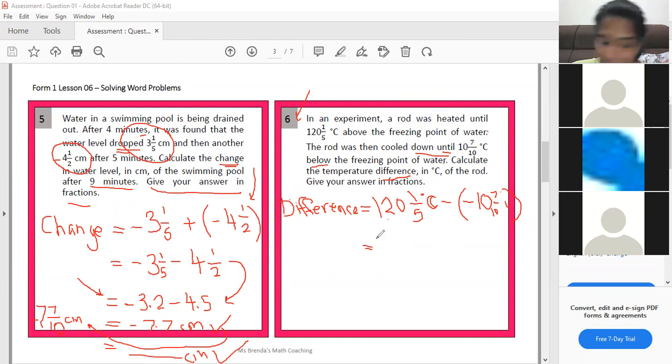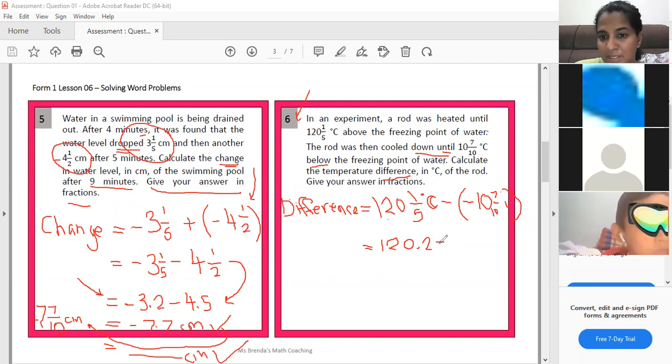You can use decimals, then move it back to fractions. 1/5, you know, it's 0.2. So 120.2 minus, minus negative means it will become plus. Open the bracket and then you'll have 10.7. 7/10 means 10.7. So what is the answer here?